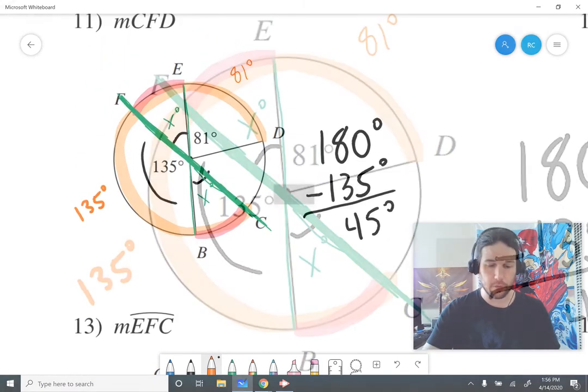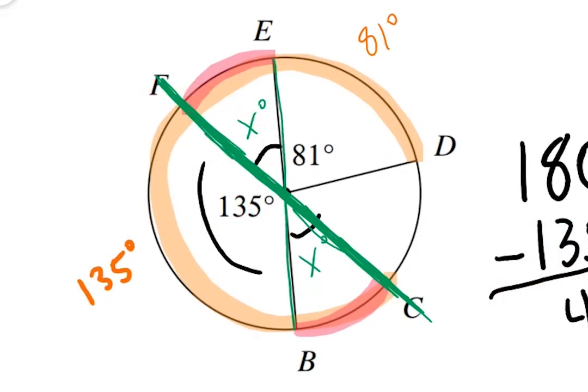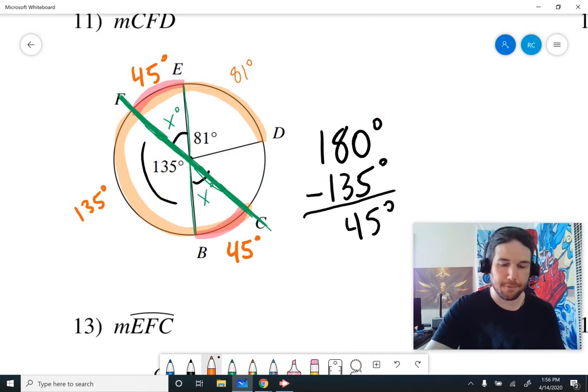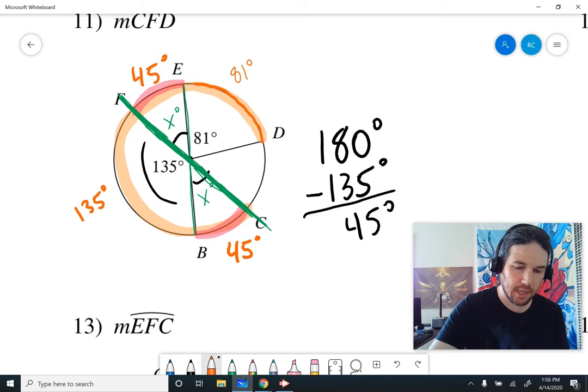So we now know that both arc BC and arc FE are 45 degrees.